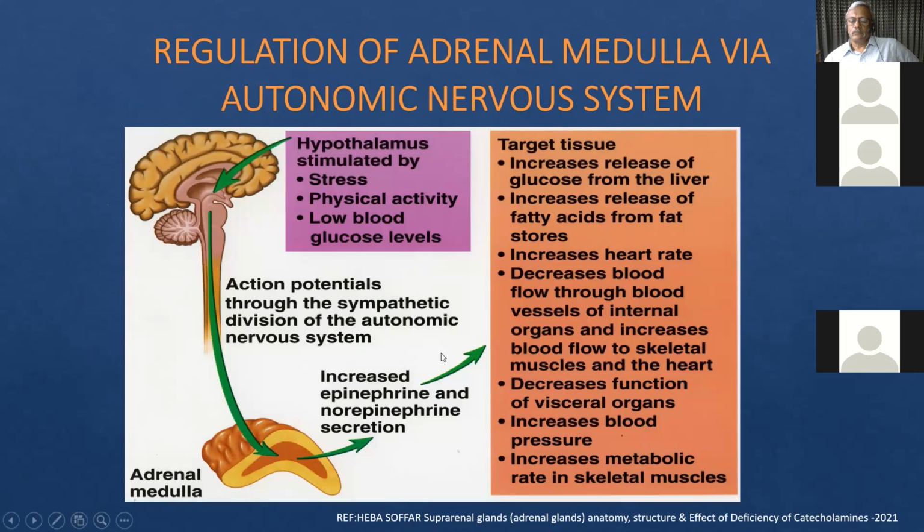So it acts on the target tissues, producing effects like increase in the release of glucose from the liver, increase in the release of fatty acids from the fat stores, increase in the heart rate, decreased function of the visceral organs, increased blood sugar and blood pressure levels.